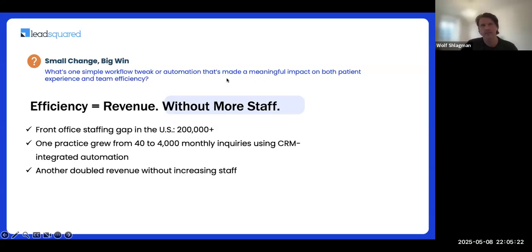So having the data from prospective patients automatically go in with all the right information, what insurance they have, all the right information.